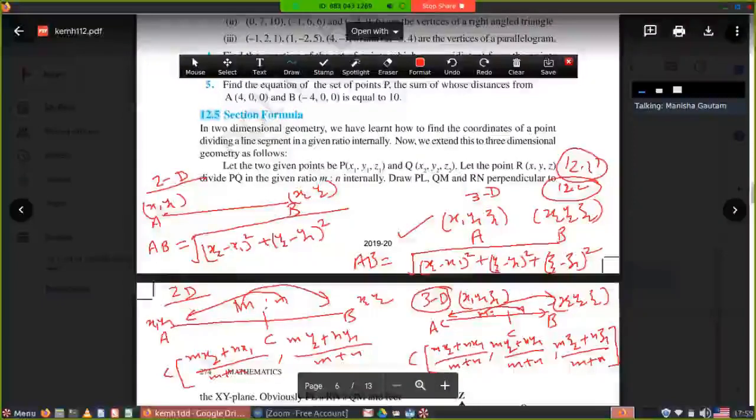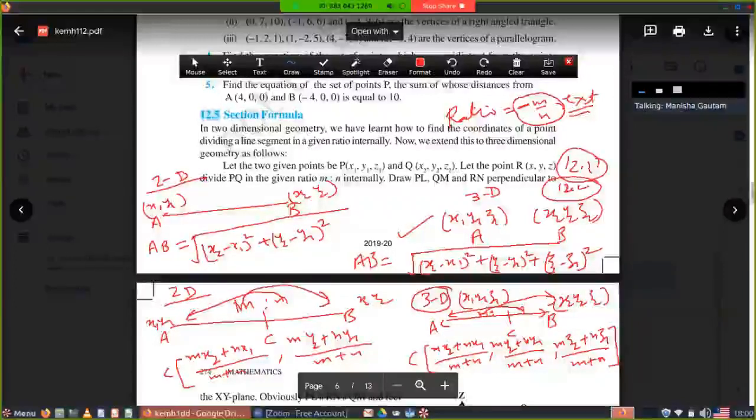One extra thing you studied in class 10th, what was that? If you get the ratio in negative, suppose minus m upon n, at that time you wrote that the point divides the line segment externally. That was not in your syllabus, but you have studied it as extra. When the ratio has a minus sign, the point divides the line segment externally.